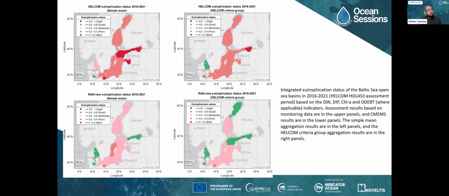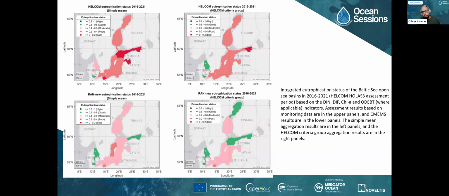And when doing that, we found that primarily poor eutrophication status was found in all of the basins, but overall model-based assessments gave a better eutrophication status in almost all basins compared to the HELCOM results.